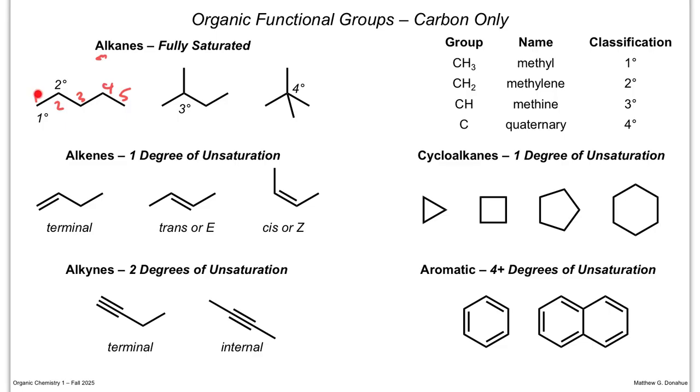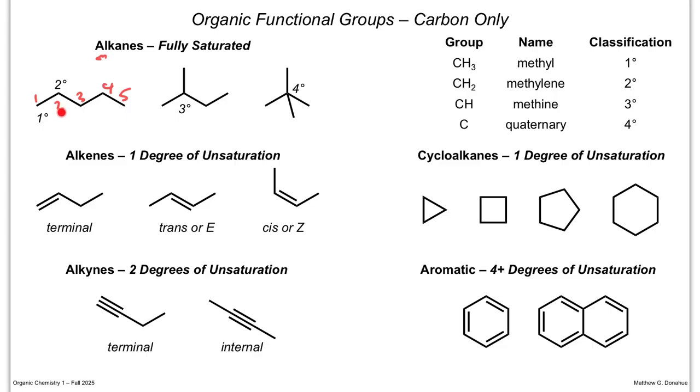So if I look at carbon number 1, I see 1 explicit bond. So 4 minus 1 is 3. That carbon has 3 hydrogens. It's a CH3 group. That's called methyl. In terms of a number, it's then called primary. So that number and then the little degree sign.